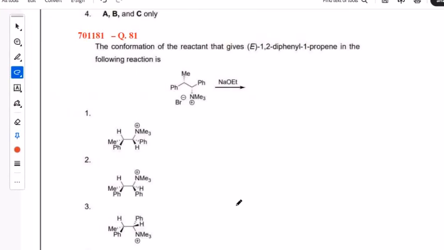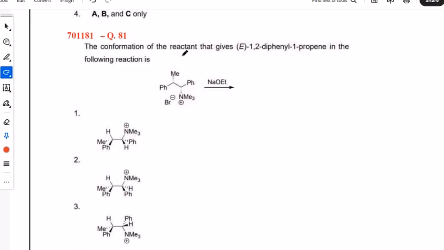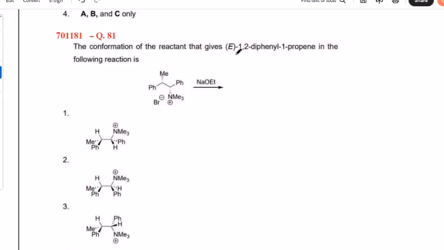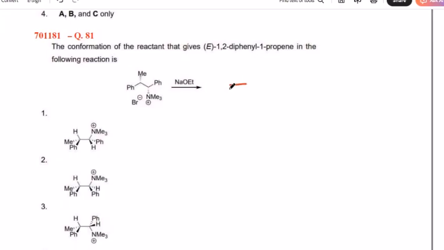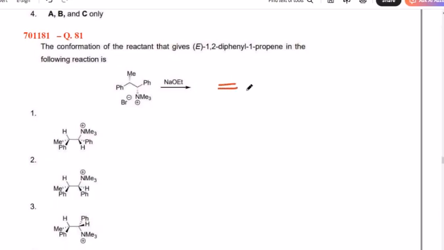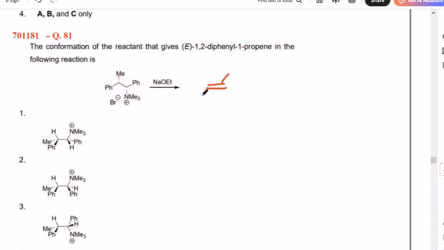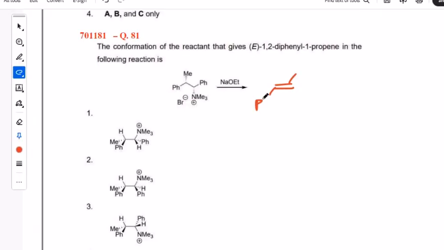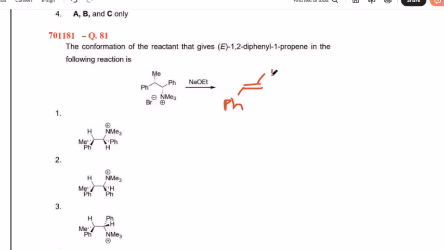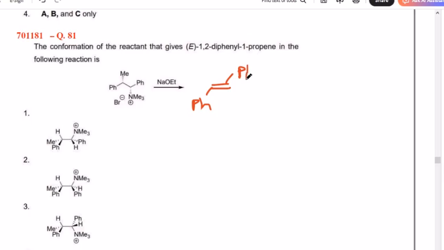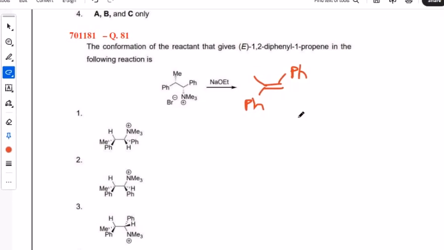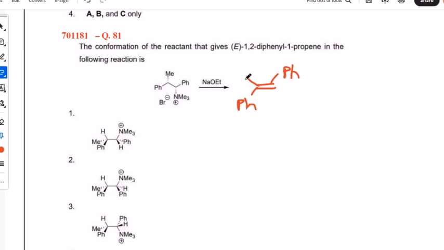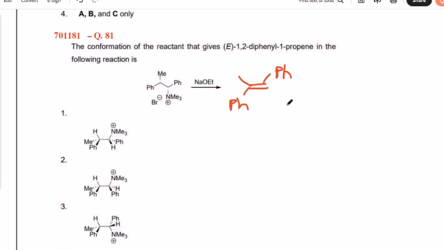Next, question number 81. The reactant that gives E-1,2-diphenyl-1-propene. So 1,2-diphenyl propene, 1 2 3 propene.